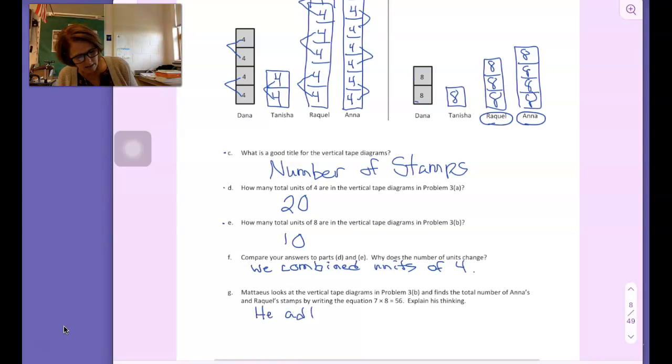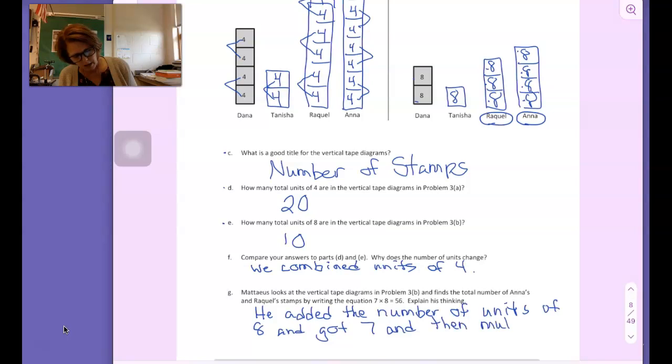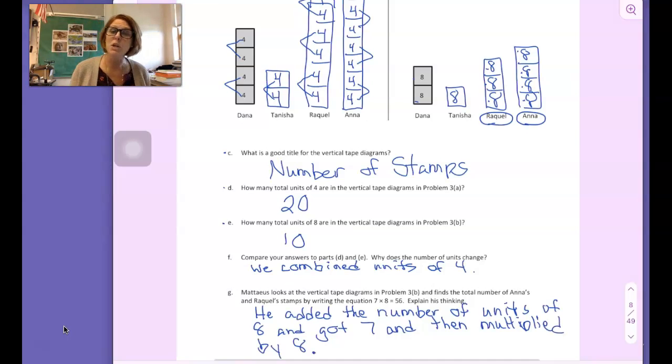He added the number of units of 8 and got 7. So there's 7 units of 8. 1, 2, 3, 4, 5, 6, 7. And then multiplied by 8, because that's how many stamps are in each unit.